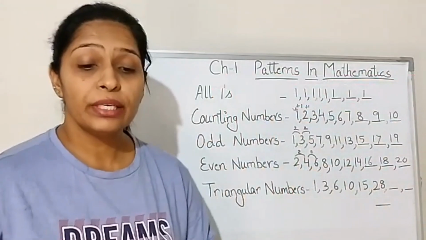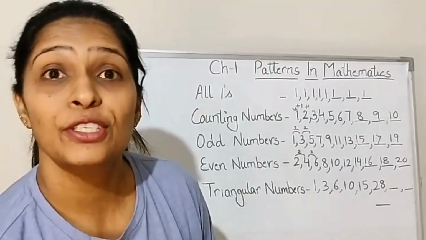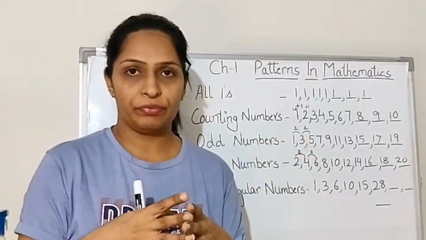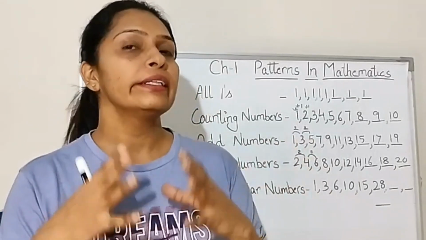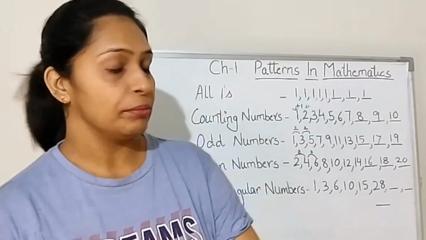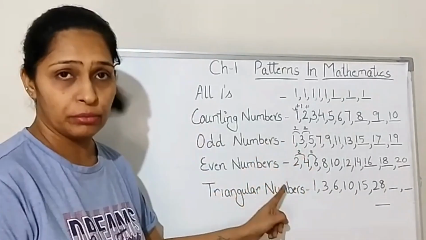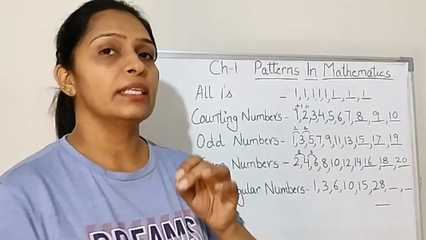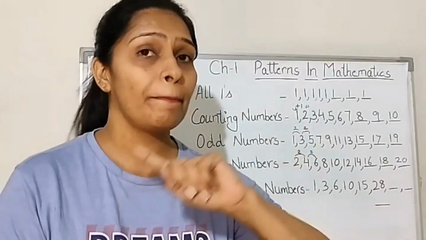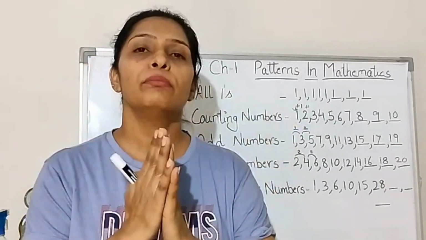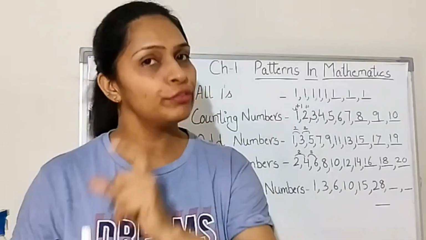So you can remember it like you have a pair of socks. Whenever the numbers are in the pair form, they are the examples of even numbers. So that is the same difference between odd numbers and even numbers. In odd numbers, the numbers will not be in pairs, whereas in the case of even numbers, the numbers can be clubbed in the group of 2s.